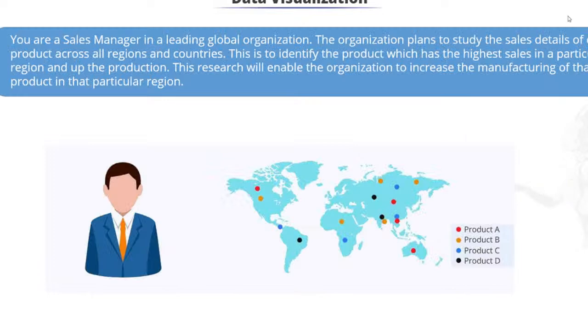For example, let's take an example. You are a sales manager in a leading global organization. The organization plans to research the sales details of each product across all regions and multiple countries. This is to identify the product which has the highest sale in a particular region. This research will enable the organization to increase its manufacturing of the product in a particular region.